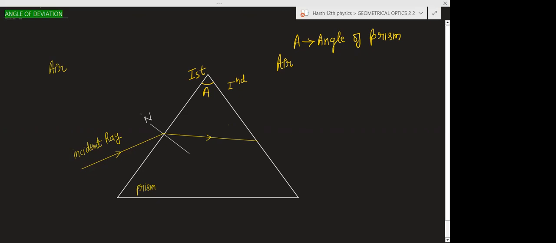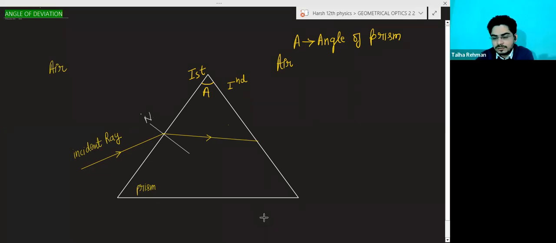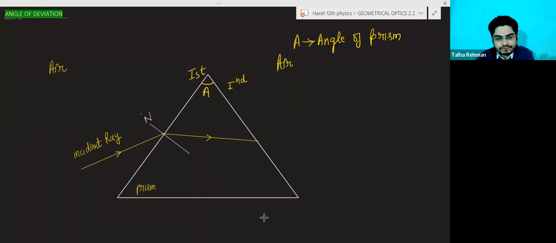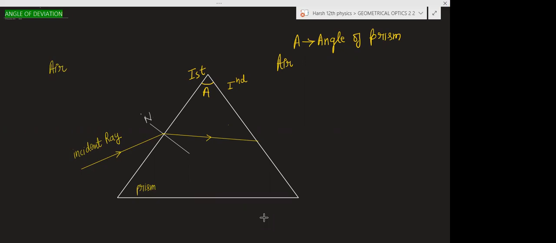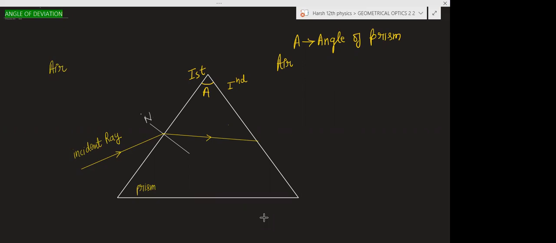Is my voice audible? Yes, the voice is audible, but it's lagging, coming to me late.